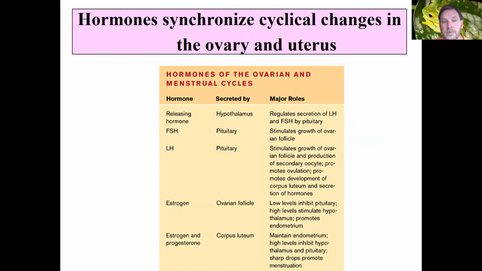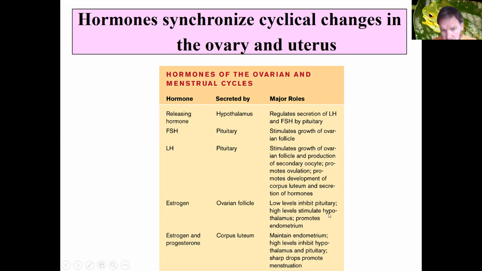Many hormones are important in the ovarian and menstrual cycles. Follicle releasing hormone produced by the hypothalamus regulates two other important hormones, luteinizing hormone and follicle stimulating hormone. Both of them stimulate growth of the follicles, or production of secondary oocytes, and are important in the development of the corpus luteum.